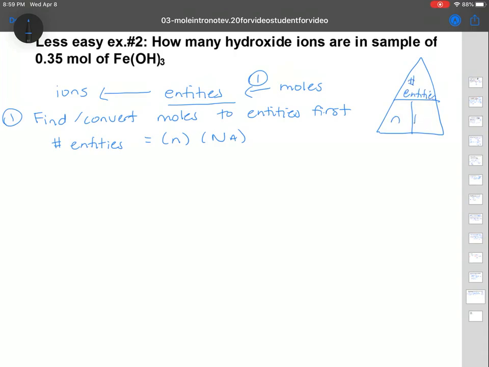If you like the word entity, or if you prefer to use the word formula unit, both of those mean the same thing as well. So we're given the number of moles. Avogadro's number, you're going to remember forever.